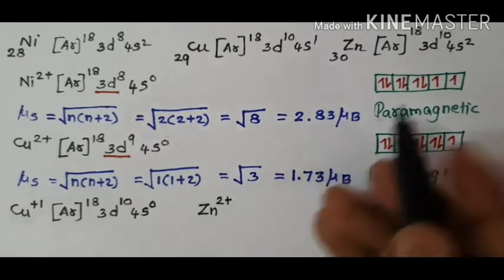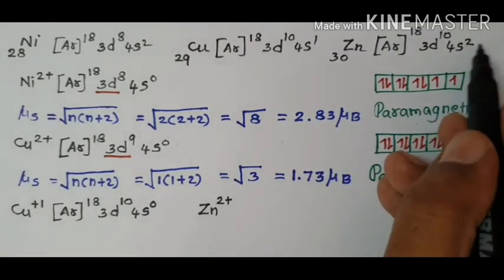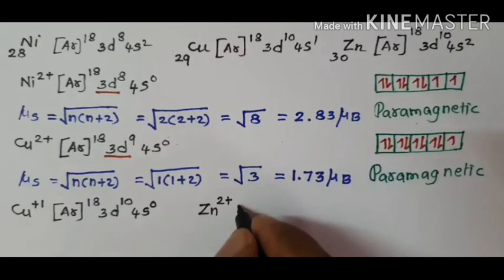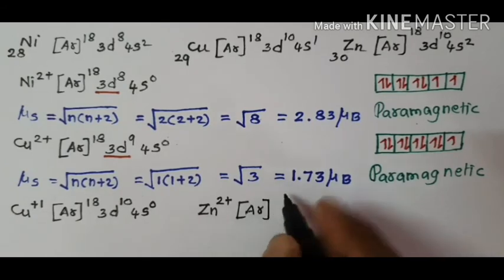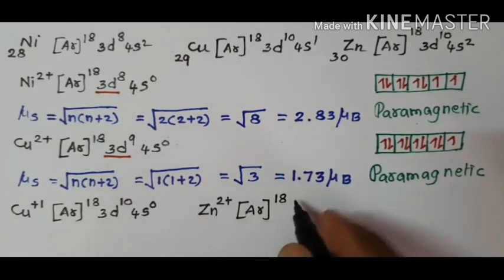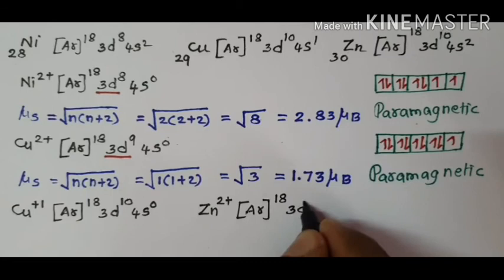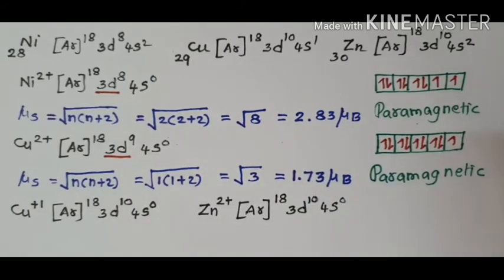Loss of 2 electrons. 2 electrons are removed from 4s level. The electronic configuration of zinc 2 plus is also argon 18, 3d10, 4s0. Completely filled electronic configuration, more stable.